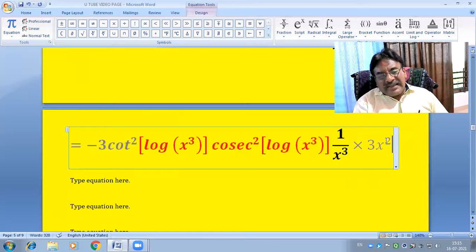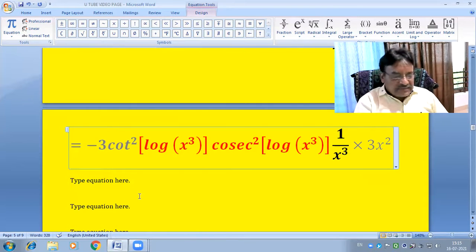Therefore, here x square and this x square cancel. That is, x square upon x cube, so x square gets cancelled and the remaining is x. So 3 into 3 is 9.